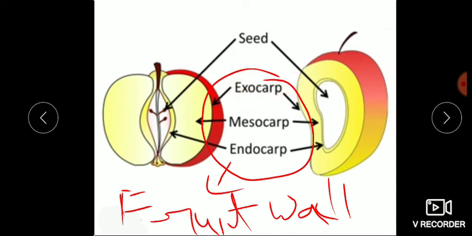And the part we eat is called the mesocarp. And the inner part is called the endocarp, which covers the seed. Exocarp, mesocarp and endocarp together are called the fruit wall. For example, tomato, lemon, watermelon, etc.